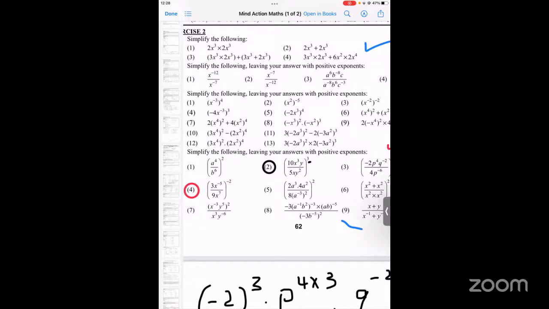1 and 3, 5 and 6, which is for Friday. 1 and 3, 5. Okay, there's that one there. You have 8.